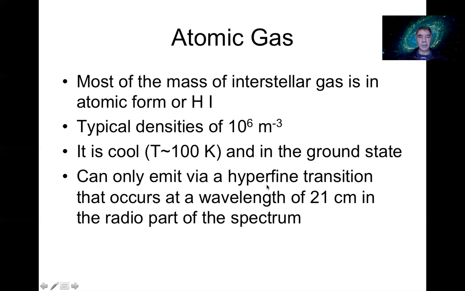The ground state of hydrogen is actually 2 separate levels, as I'll show you in a moment, and you can have transitions between them. These are referred to as hyperfine transitions. Again, don't get too hung up on the terminology here. The key thing is that transitions between these 2 levels occur at a very special wavelength in astronomy of 21 centimeters. So this is very much in the radio part of the spectrum.